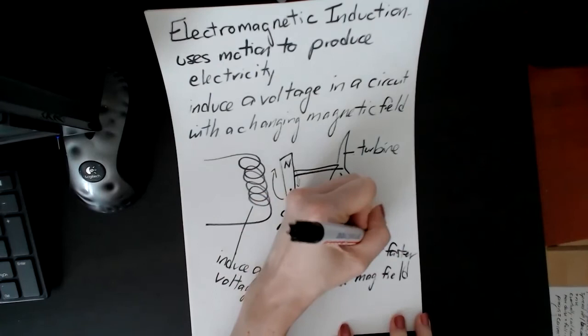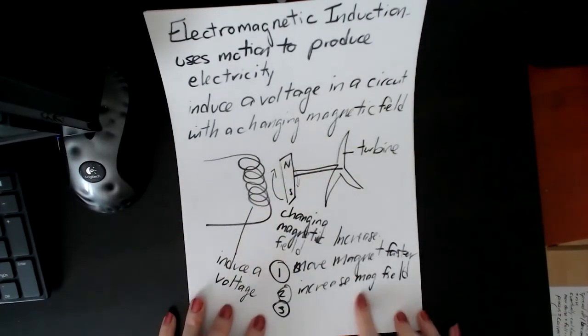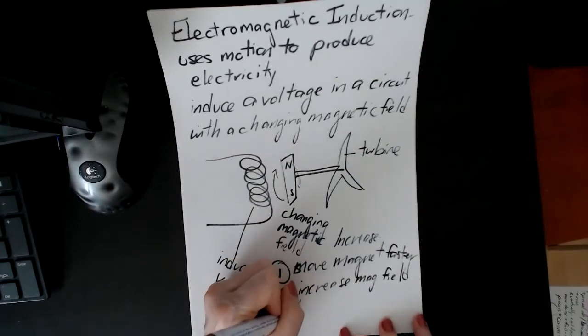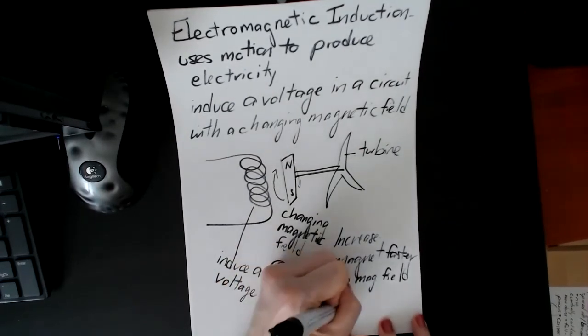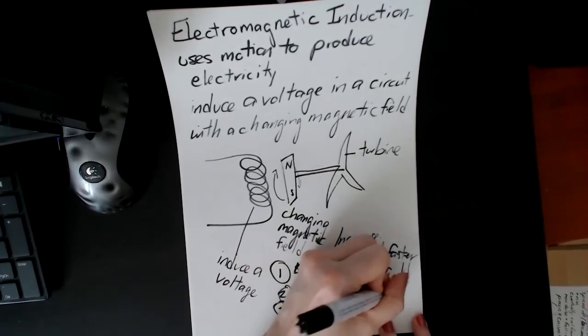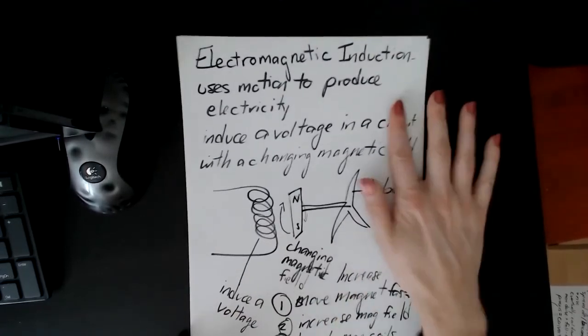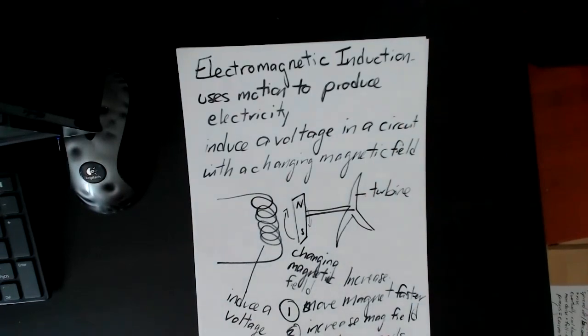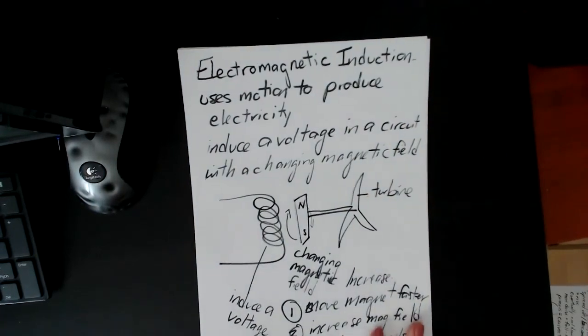So these are the ways you increase the voltage: you move the magnet faster, you increase the magnetic field, or you insert more coils. Okay, so that's electromagnetic induction as opposed to the motor effect, but both of them go under the idea of electromagnetism.